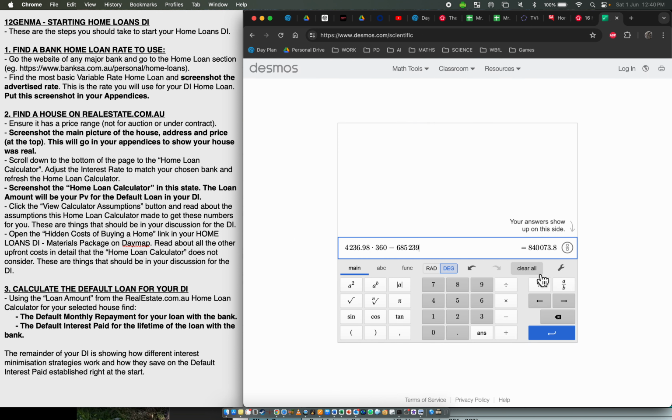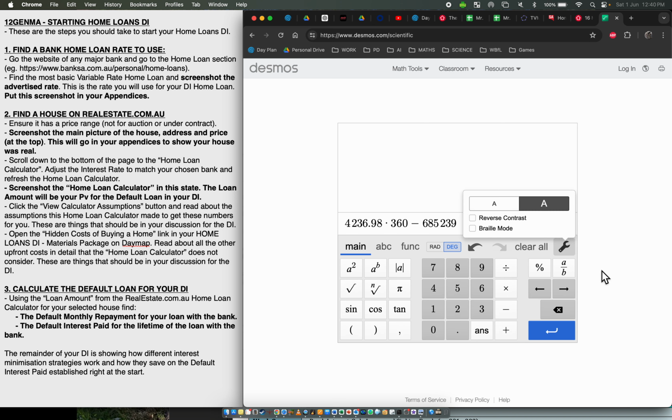So my default home loan, I'm going to be paying $840,073.80 in interest by default if I just do the loan as normal.